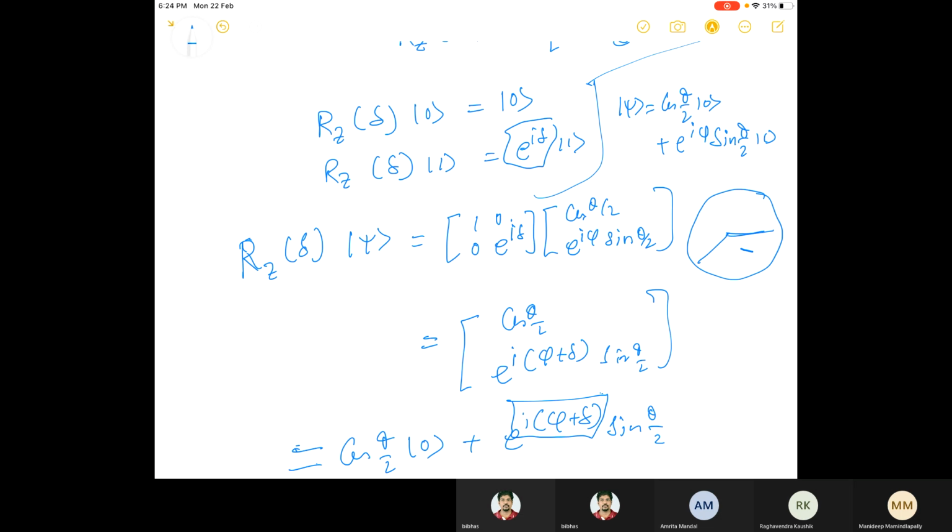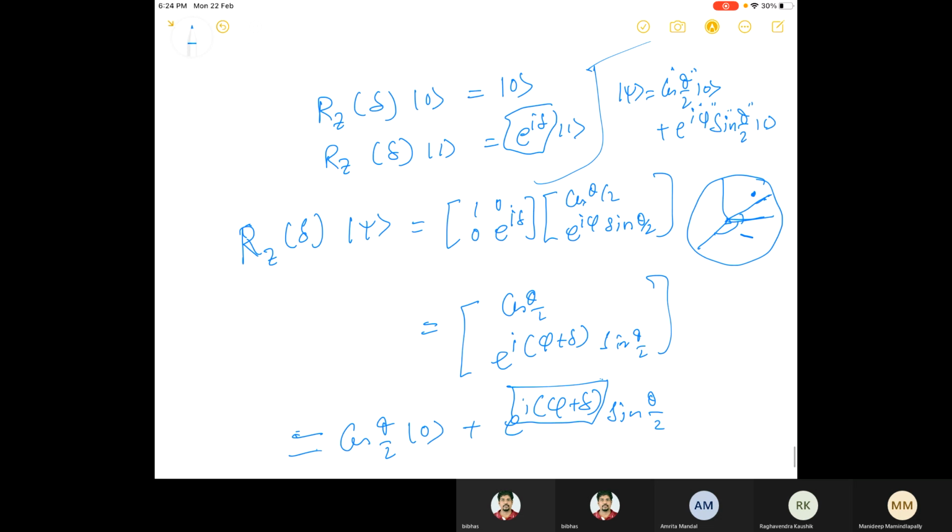So if I draw it, take any qubit here, then there is an angle here, and there is one more angle here. Anyway, I'm not good at drawing. You know this, right? You have done quantum mechanics. So there is a significance of phi and there is a significance of theta.